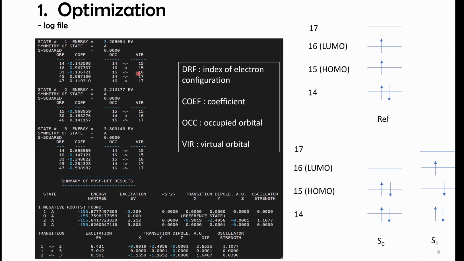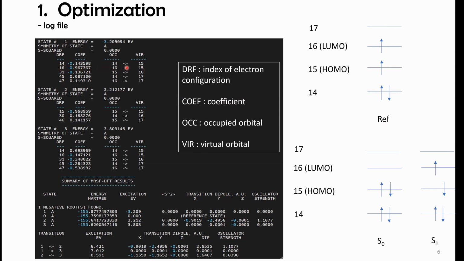MRSF is confusing, so let's have a look at an example. As we know, MRSF takes the ROHF triplet as a reference. We should remember this is the original one. And for this ground state, the biggest coefficient is this one, index 16.